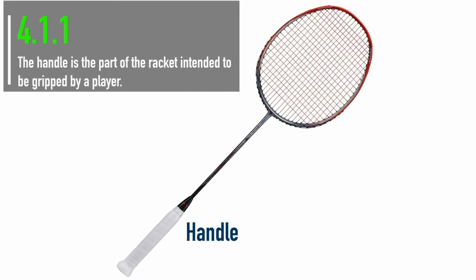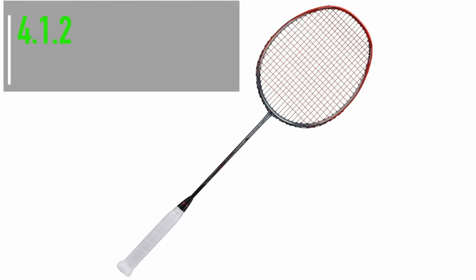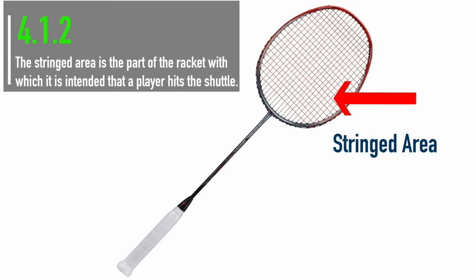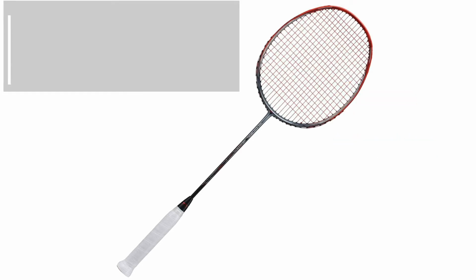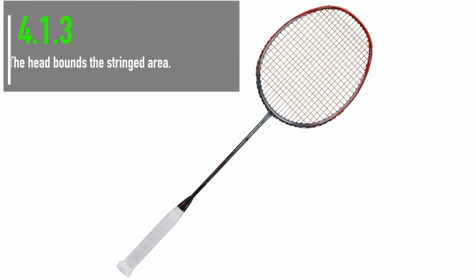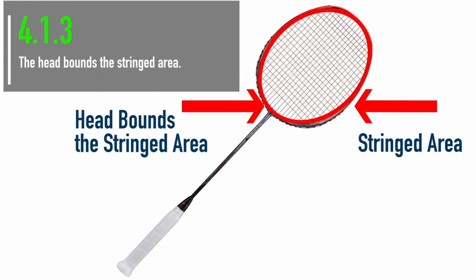The handle is the part of the racket intended to be gripped by a player. The stringed area is a part of the racket with which it is intended that a player hits the shuttle. The head bounds the stringed area.